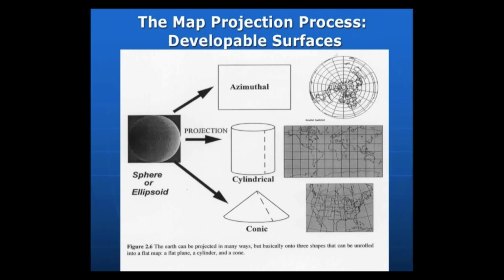So we can do the azimuthals or the planimetrics, where you get that radial pattern. The cylindrical, where you get your lovely 90 degrees. And the conics, where you get your fan pattern. Notice that the azimuthal and the conic could be indistinguishable if we zoomed into the azimuthal projection.